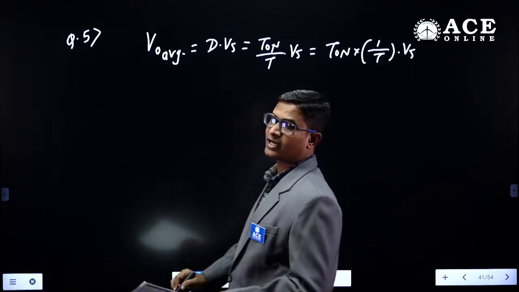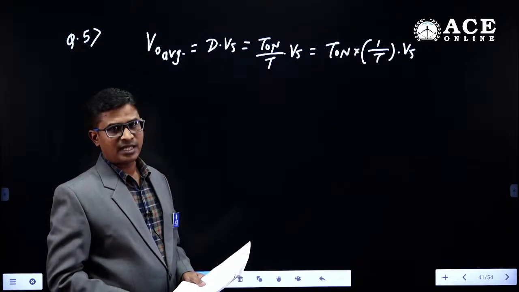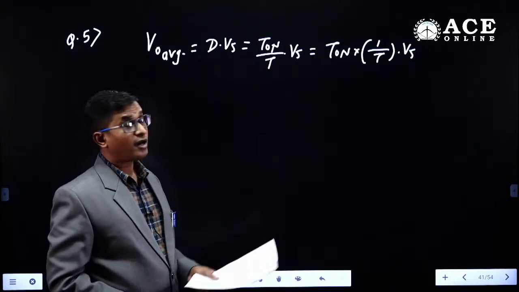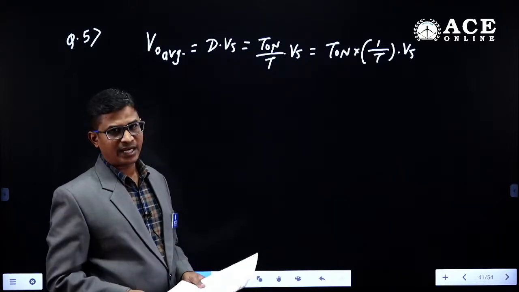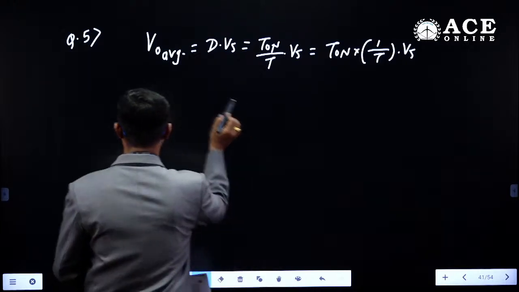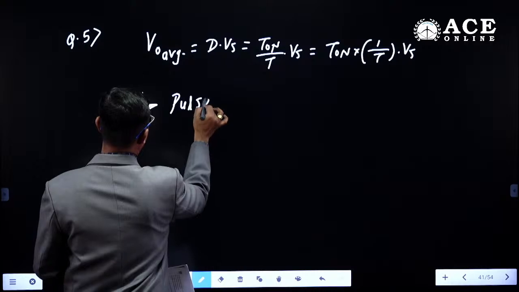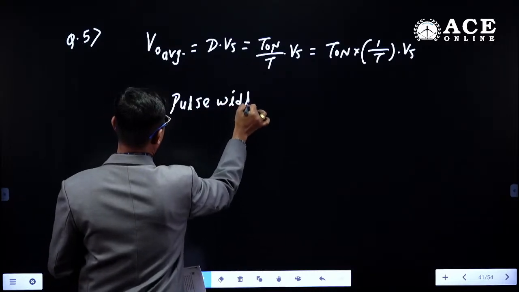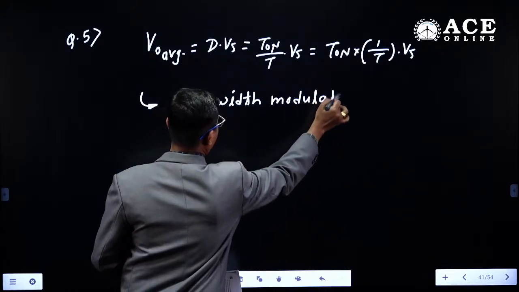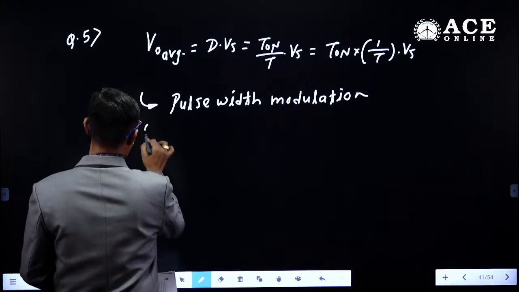Okay. So we can control the output voltage either by controlling the on time, that is nothing but the pulse width modulation, right, and or by controlling the total time, that is nothing but the frequency modulation. So we can control the output voltage by pulse width modulation, and second one is frequency modulation.